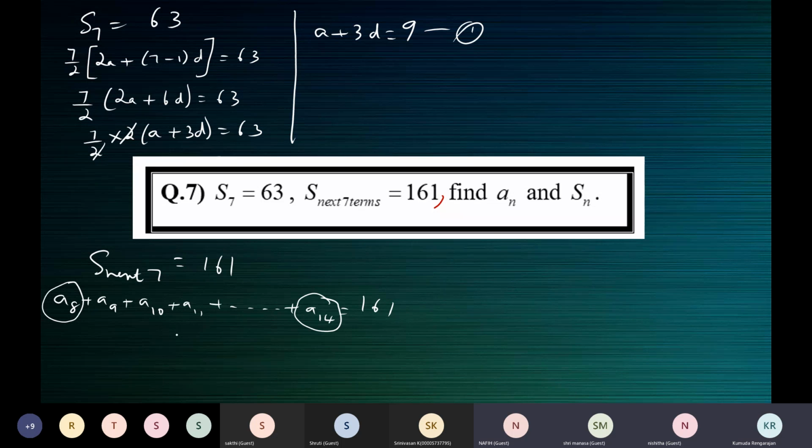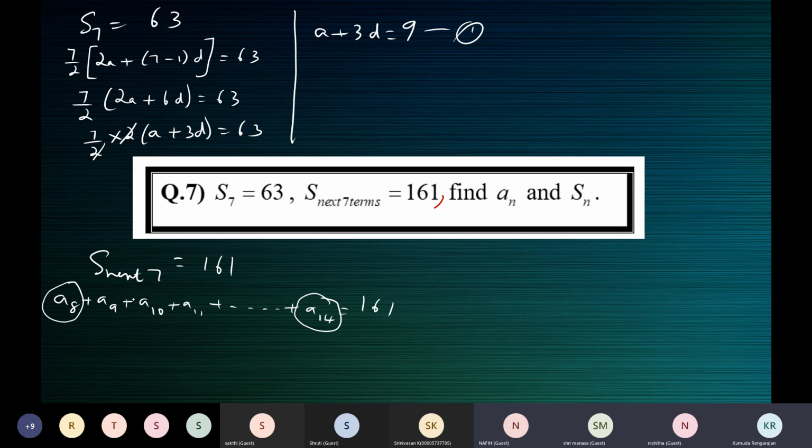Because when you use the formula n by 2 of 2a plus n minus 1 into d, you must have an AP. This formula is only to find the sum of the first few terms, the sum from the beginning. So now treat this as an AP, which begins with the 8th term and ends with the 14th term.